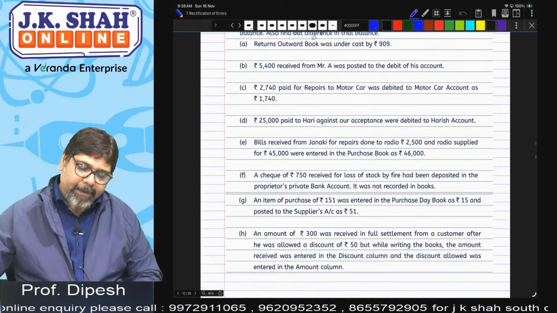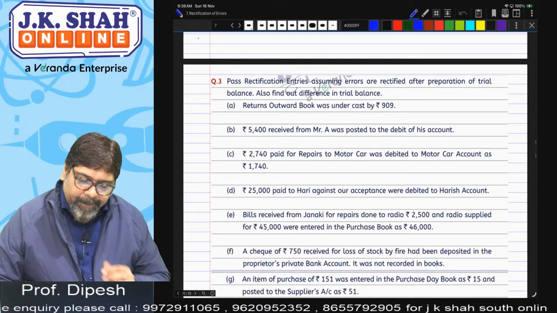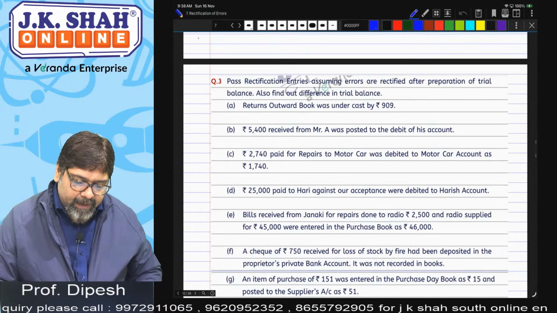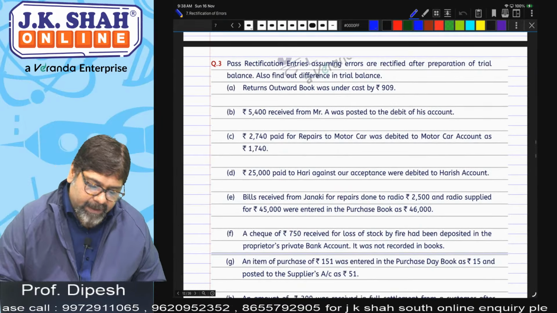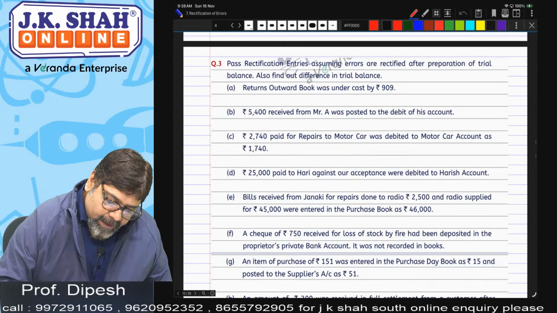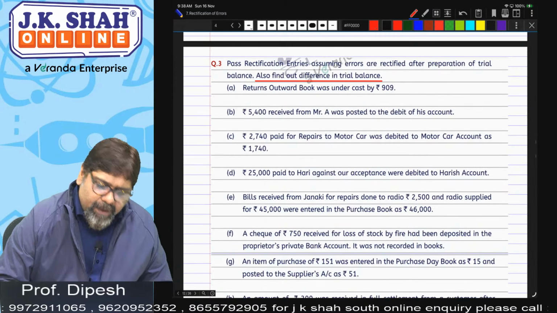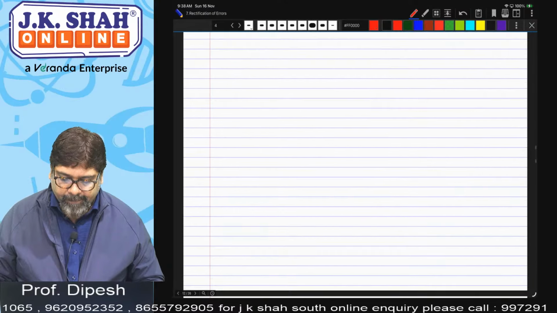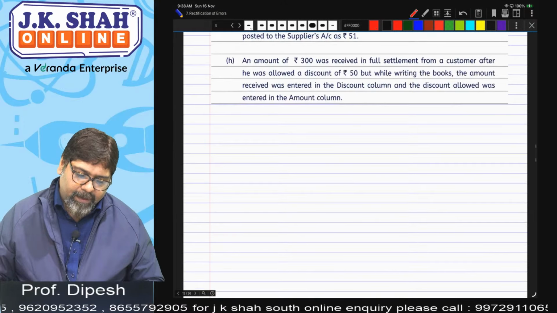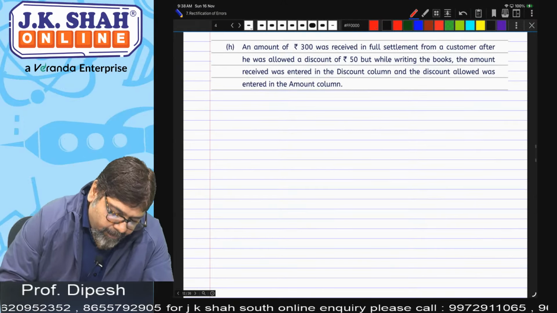Let's do it. Pass rectification entries assuming errors are rectified after preparation of trial balance. Also find the difference in trial balance. We'll do everything in this. Correct?